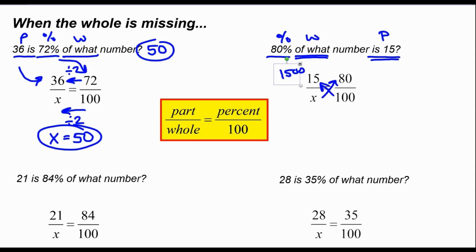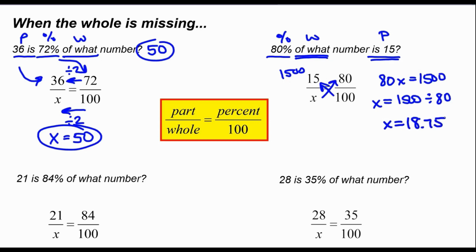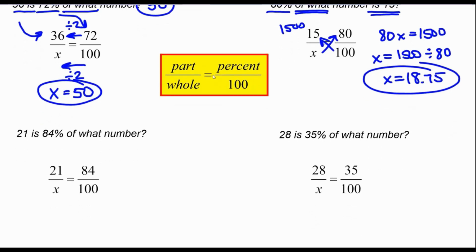And I know that x times 80 has to be 1500. So to find out what x is, I take 1500 divided by 80. And 1500 divided by 80 is 18.75. So 80% of 18.75 is 15.